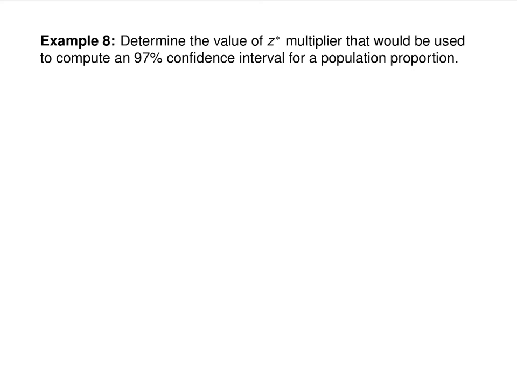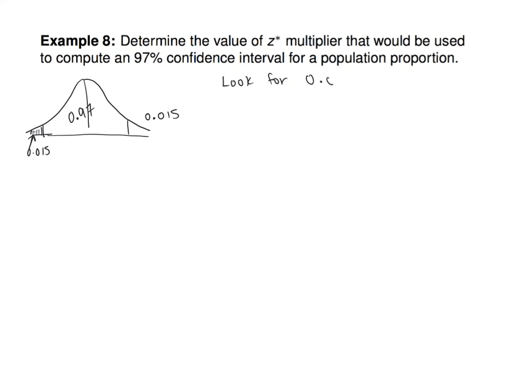Okay, let's do one. Determine the value of the Z star multiplier that would be used to compute a 97% confidence interval. So here's the general picture. Okay, you have 0.97 area in the middle, leaving 0.03 left over, or 0.015 over here, and 0.015 over there. Okay, so we look for 0.015 in your table.